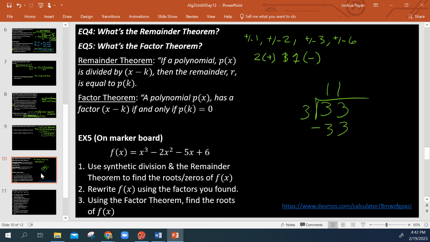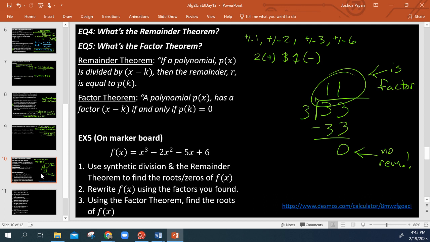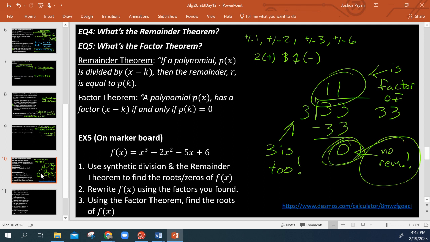So right here, that means there's no remainder. No remainder means that 11 is in fact a factor of 33, but so too, obviously, is 3. We know that because there was no remainder.